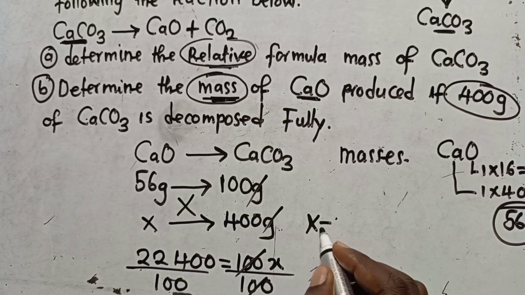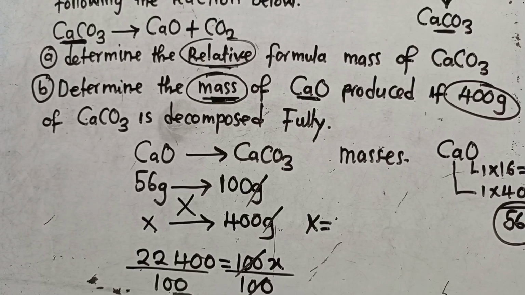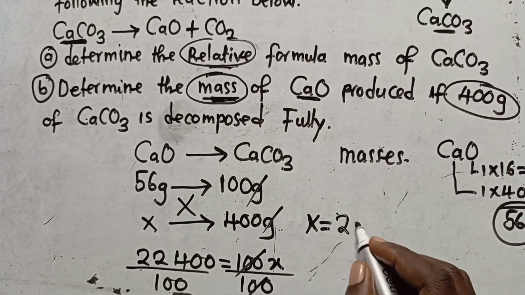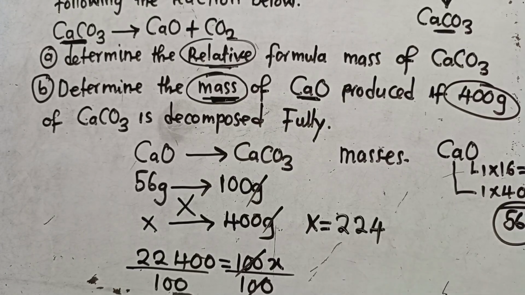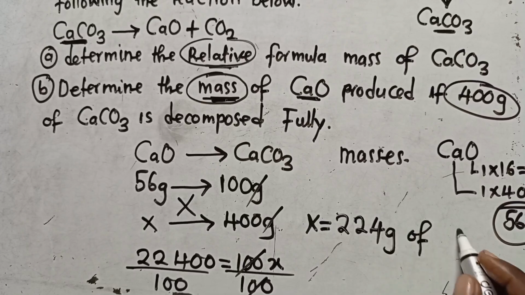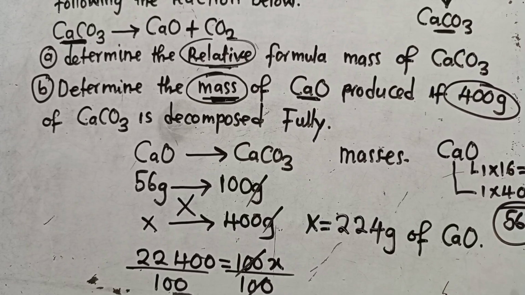So x is equal to, so I divide by 100. The answer that I'm going to get is 224. Have you seen 224? So I say grams of what? Calcium oxide. So this is 224 grams of calcium oxide.